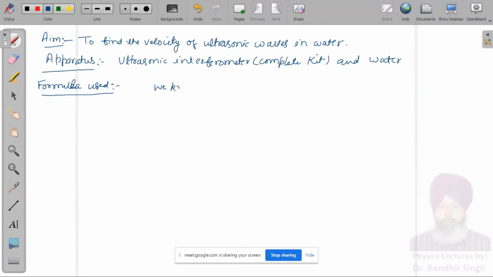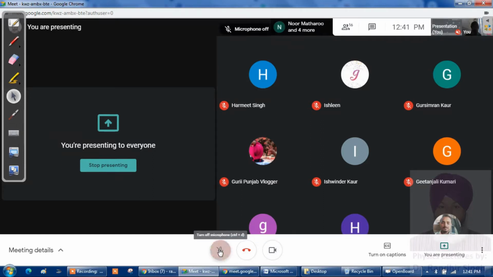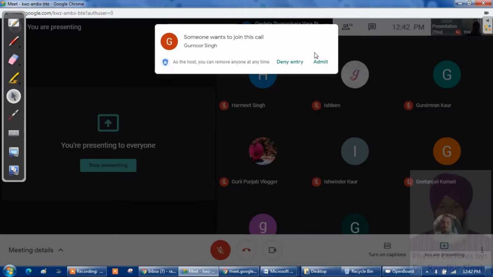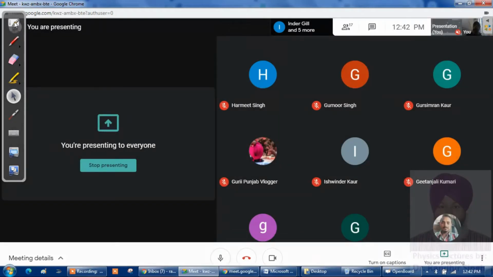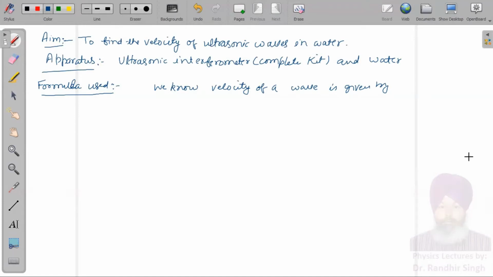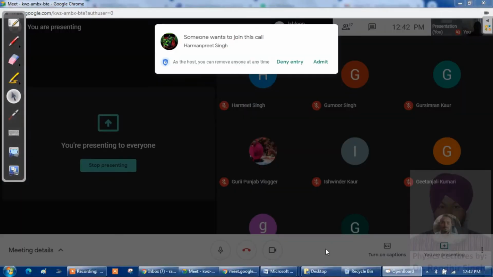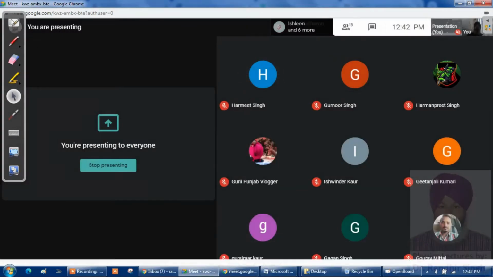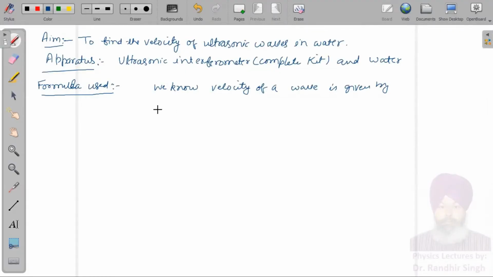We know that velocity of a wave is given by velocity is equal to product of frequency and wavelength.